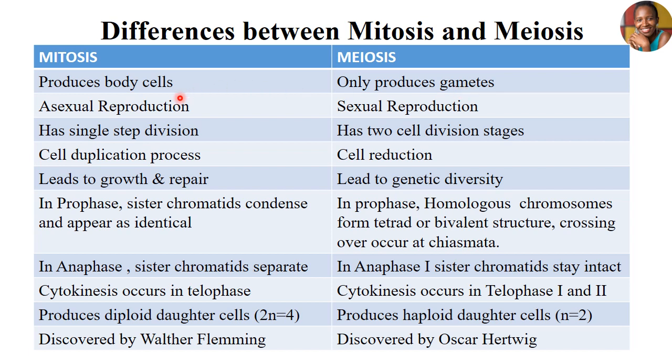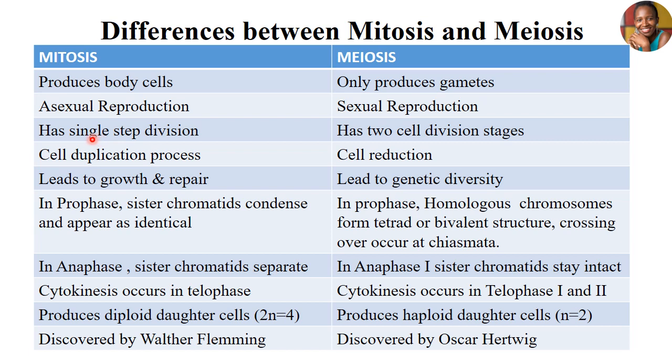So here we produce the somatic body cells, while here we produce the gametes. Mitosis occurs in asexual reproduction, while meiosis takes place in what we call sexual reproduction. That is, it targets areas where there is fertilization and cells that are potential for reproduction and fertilization.